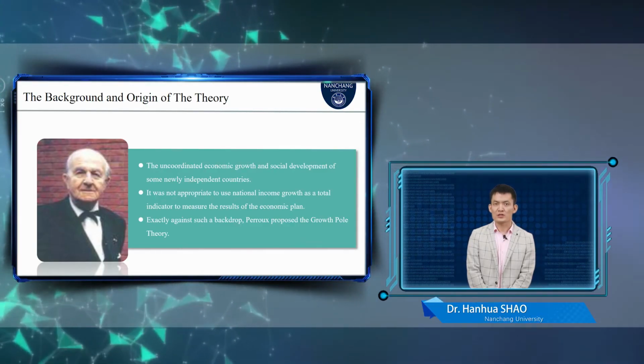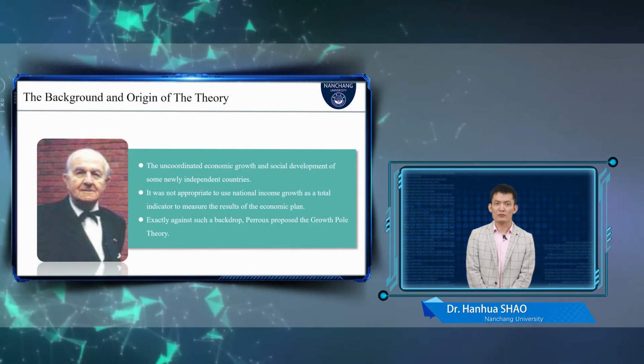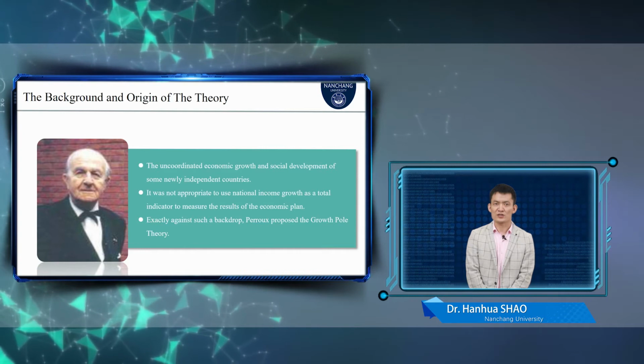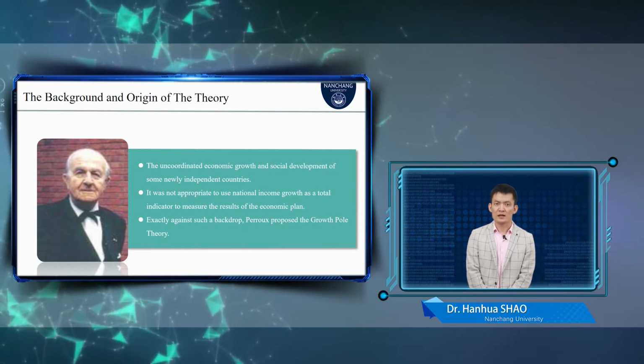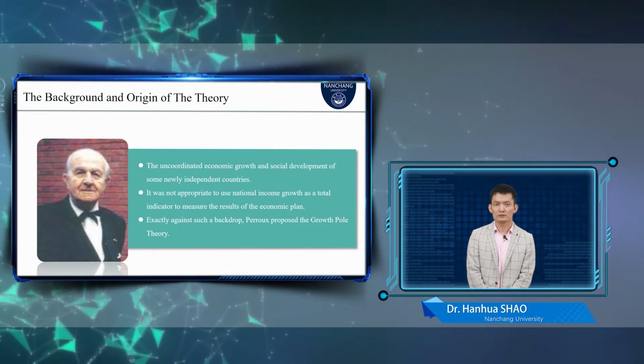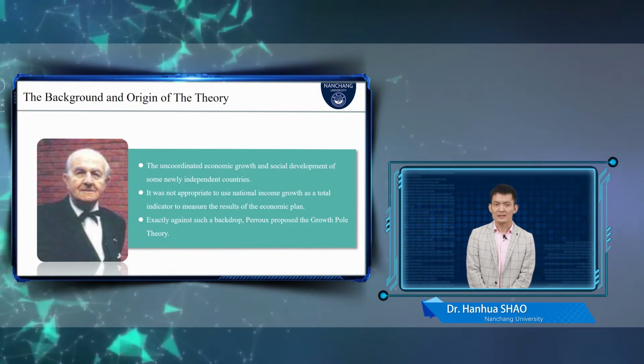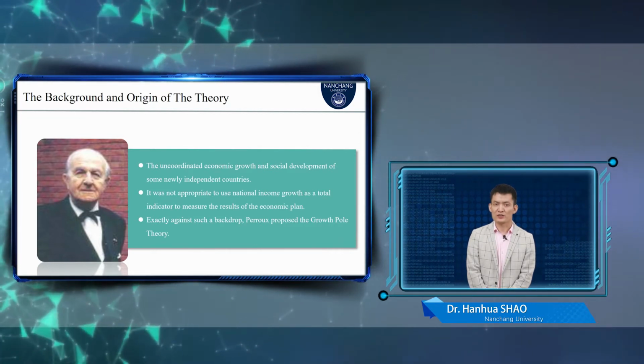Perroux proposed the growth pole theory, derived from the economic model of Gustav Cassell, a balanced growth model with a fixed exchange rate system supporting the stability of international trade, and the balanced growth theory represented by the business cycle theory constructed by Joseph Schumpeter.